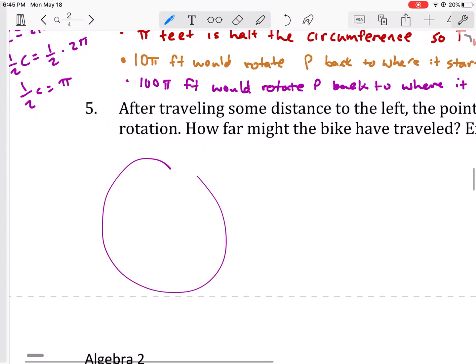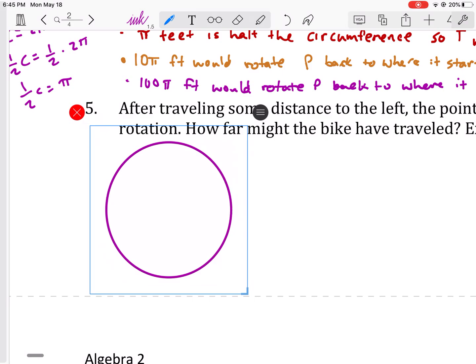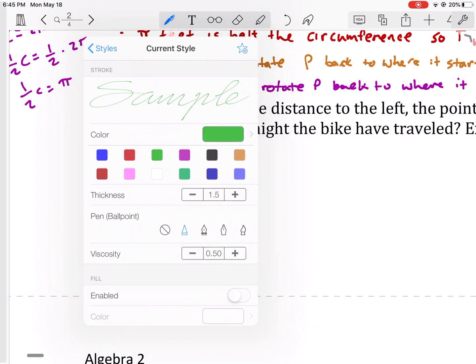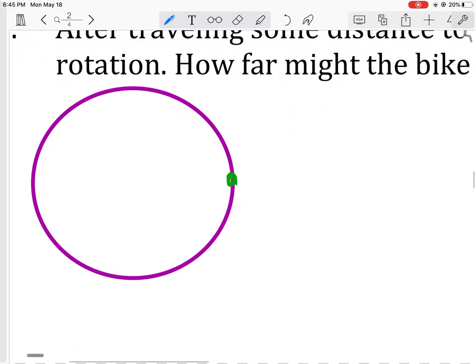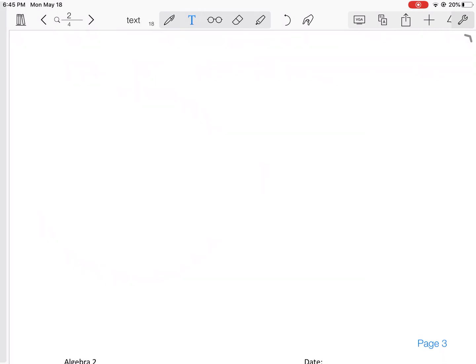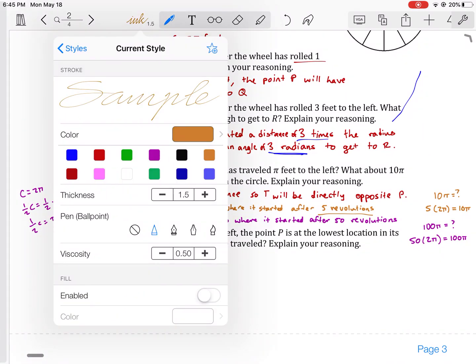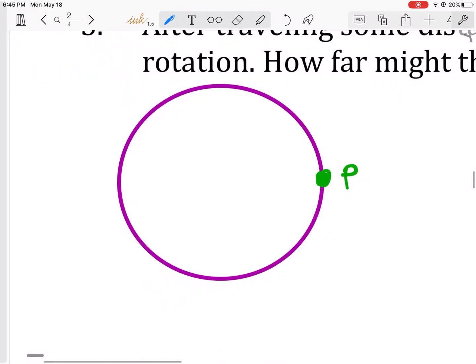Well, let's draw another circle for this. Know that point P starts right here, but it's going to be at its lowest point in its rotation. So this means it's going to be at the very bottom of the wheel, so right here. How far might it have rotated?